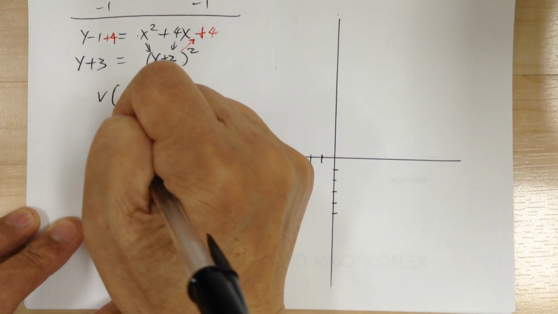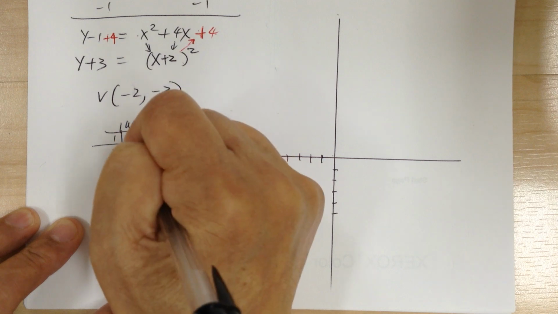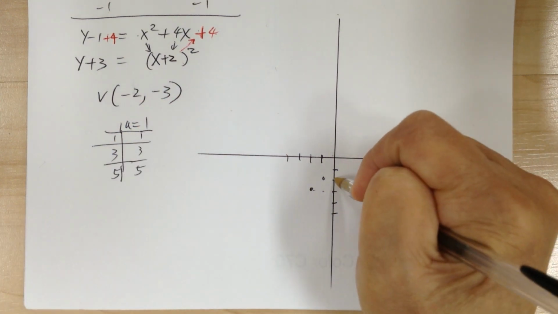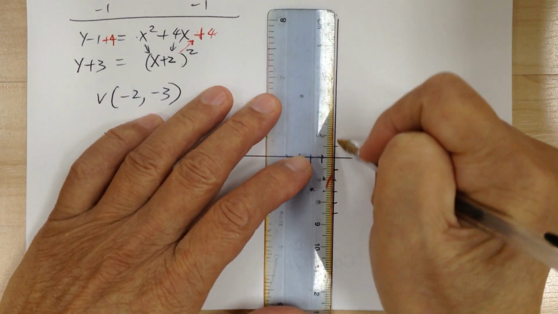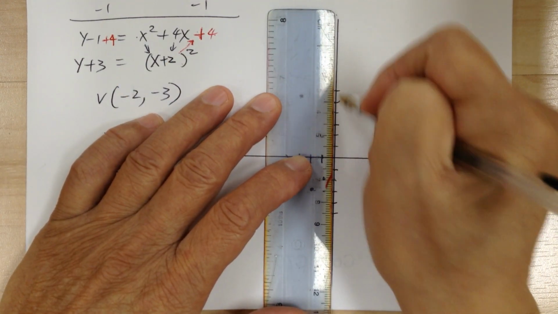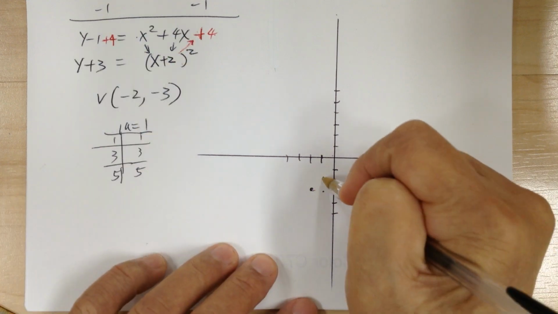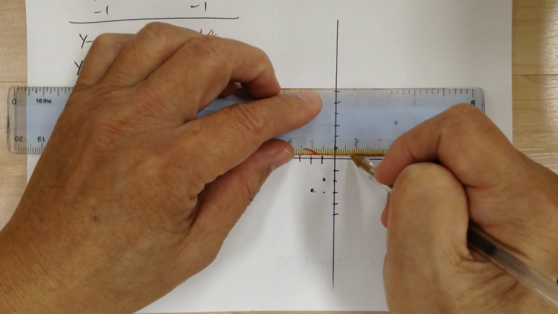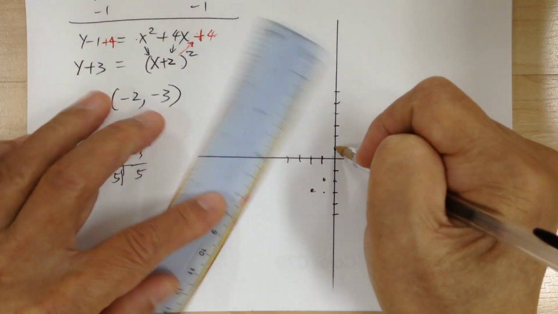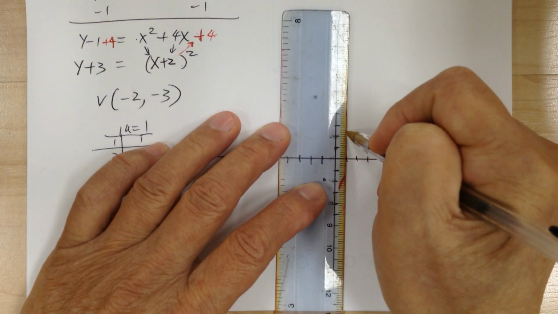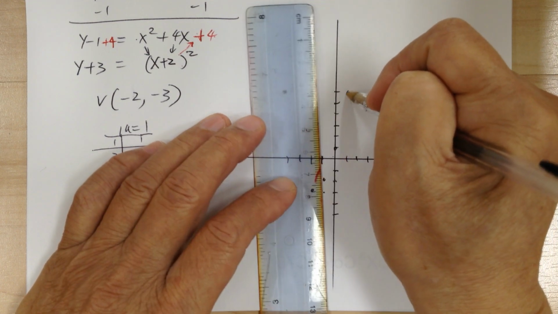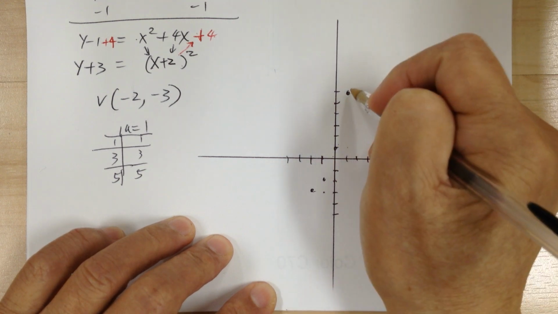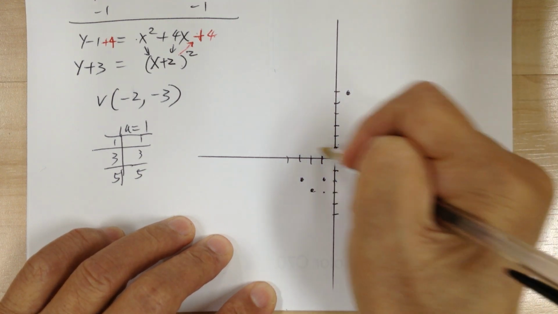And the a equal to 1, so it'd be just still 1, 3, 5. That means you go over 1, you go up 1. Go over, you go up 3. And then go 5. So again, over, up 1, over 3, over 5. The other side would be just symmetrical.